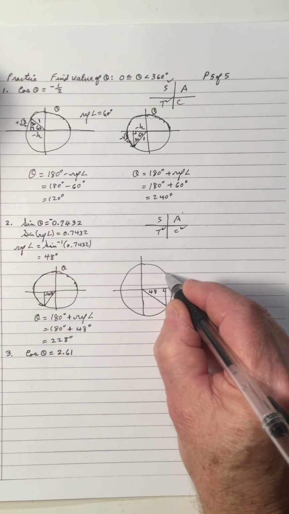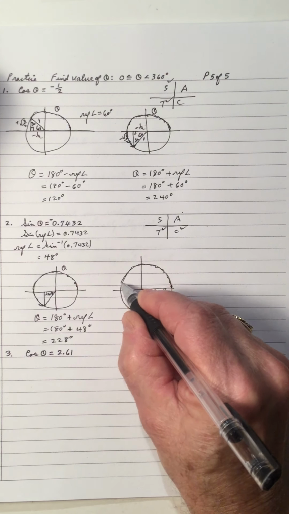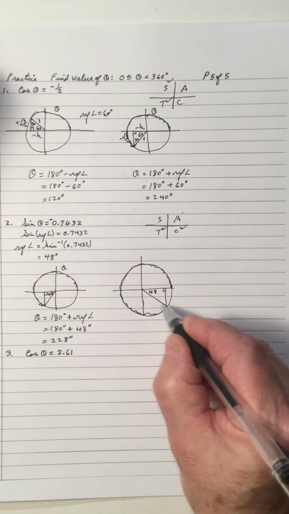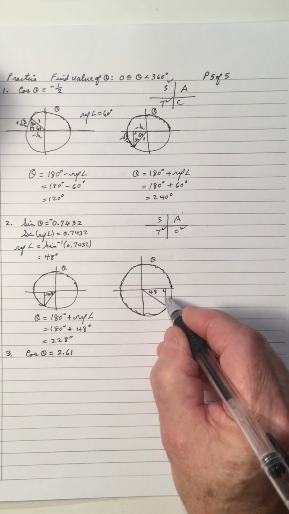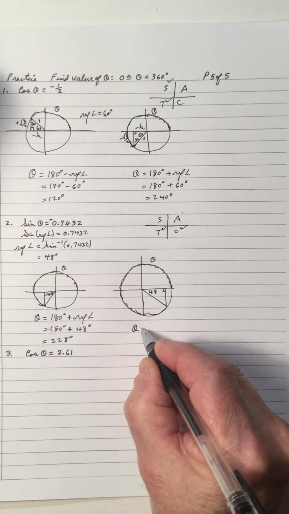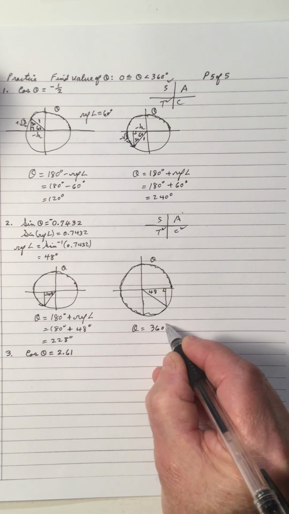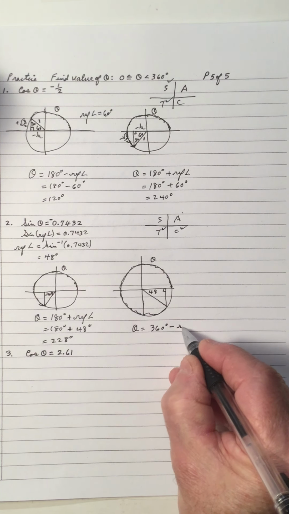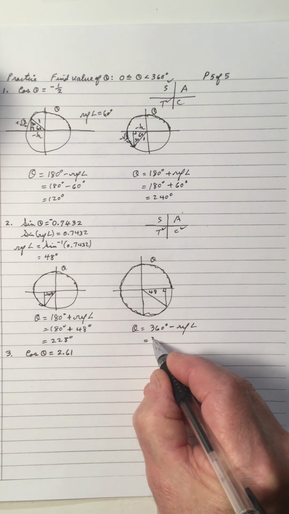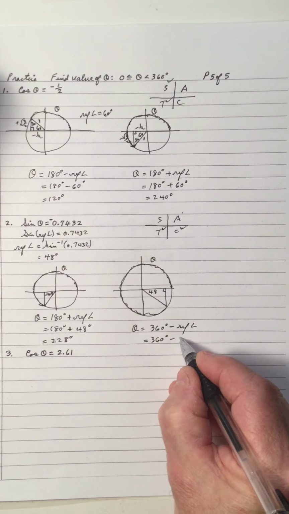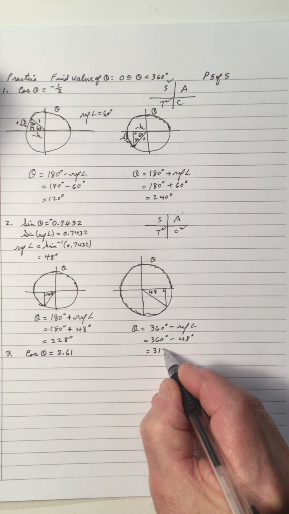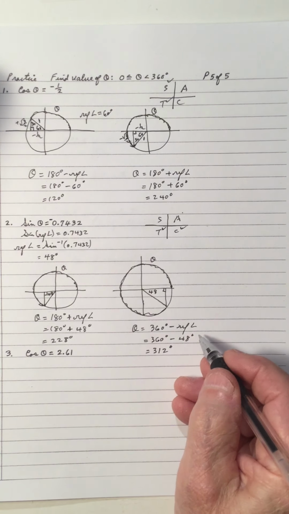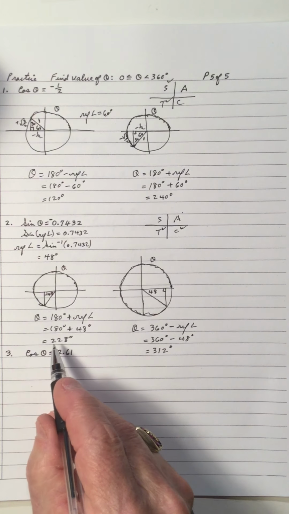And in the fourth quadrant, theta is all the way around right to here. So if this is theta, then theta is 360 degrees minus the reference angle, which is 360 degrees minus 48, which is 312 degrees. And check your calculator.